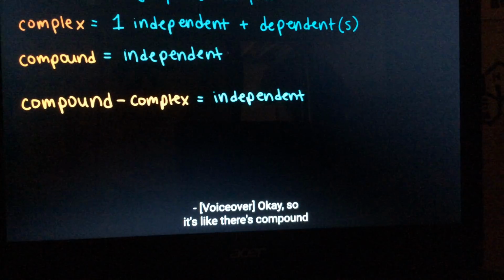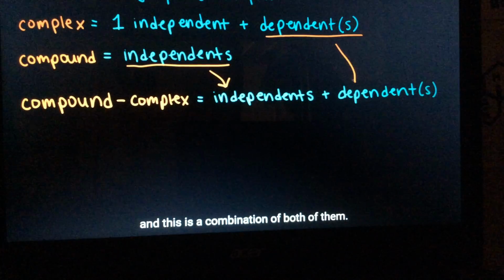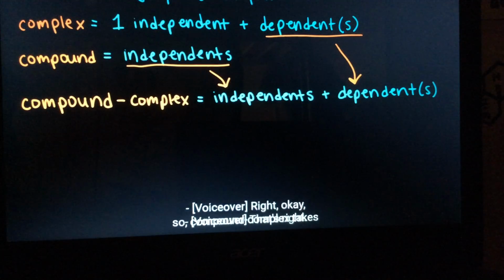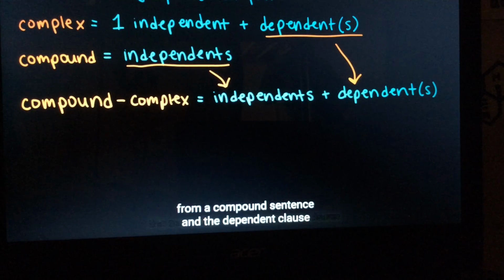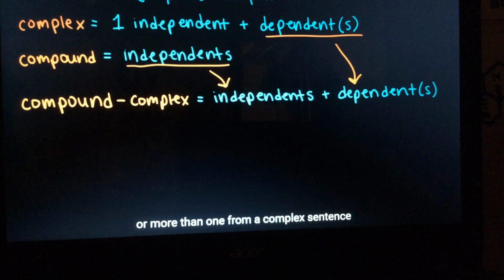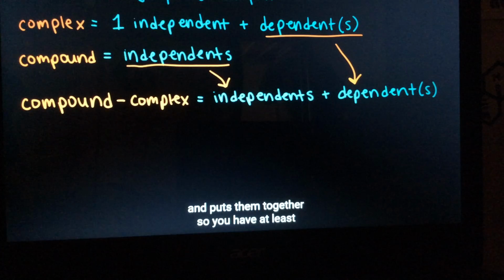Okay, so it's like there's compound and there's complex, and this is a combination of both of them. That's right. Compound complex takes the more than one independent clause from a compound sentence and the dependent clause, or more than one, from a complex sentence and puts them together.